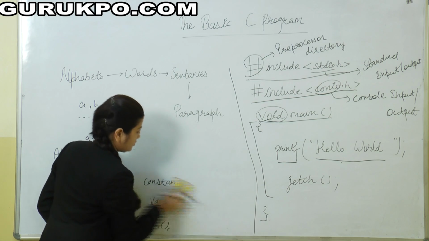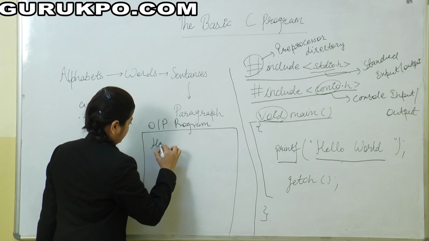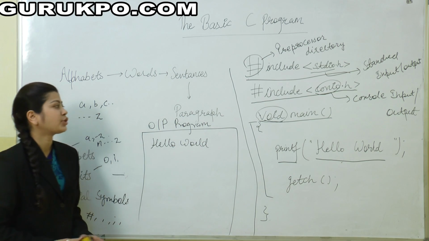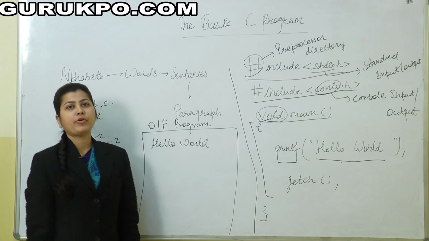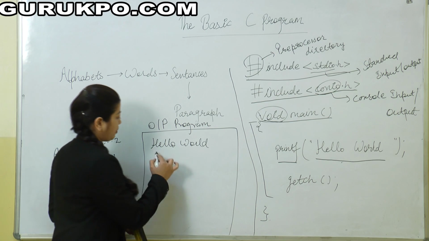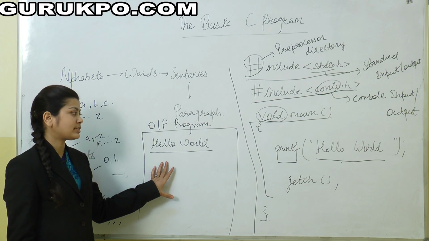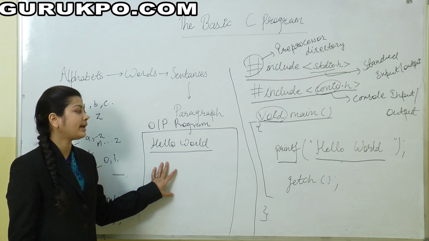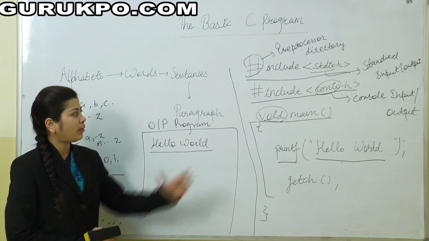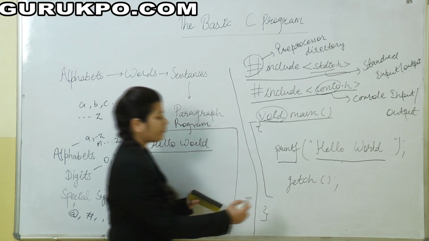For example, if we execute the program after compilation by pressing Ctrl plus F9, the output window displays this. The output is displayed for a fraction of a second and waits for a character before going from the output window back to the editor window. This is because of getch.